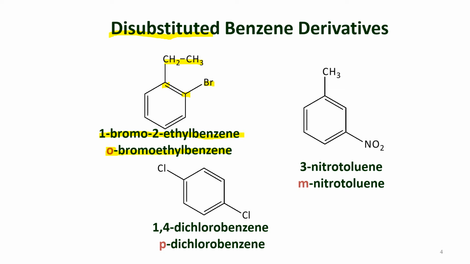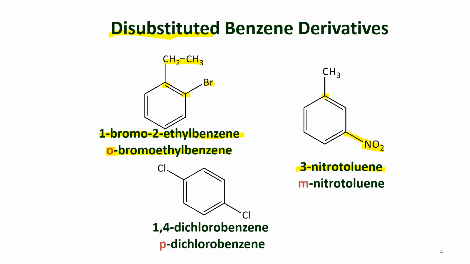Same is the case in the second molecule. Again, this one has got a methyl group and a nitro group, and the old name for this whole molecule was toluene, which had one methyl group attached to the benzene ring. So we use that common name toluene plus the carbon number 3 has got a nitro group attached, so we call it 3-nitrotoluene.